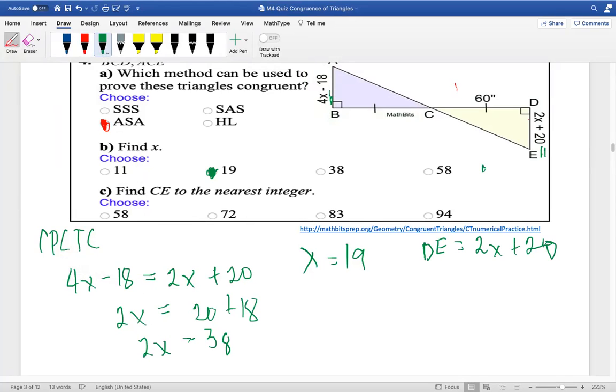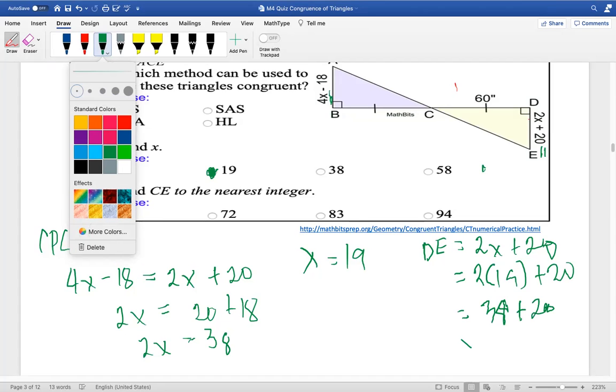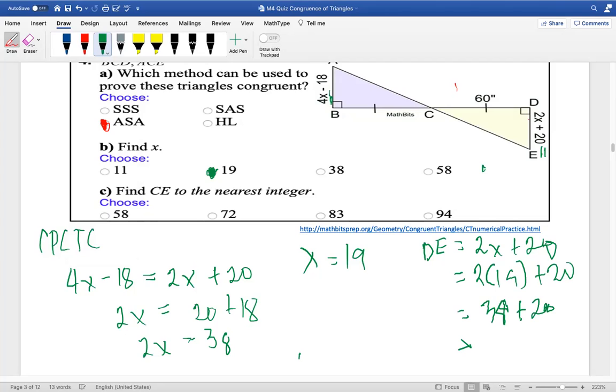So 2 times 19 plus 20: 2 times 19 is 38, and 38 plus 20 is 58. So that's DE.